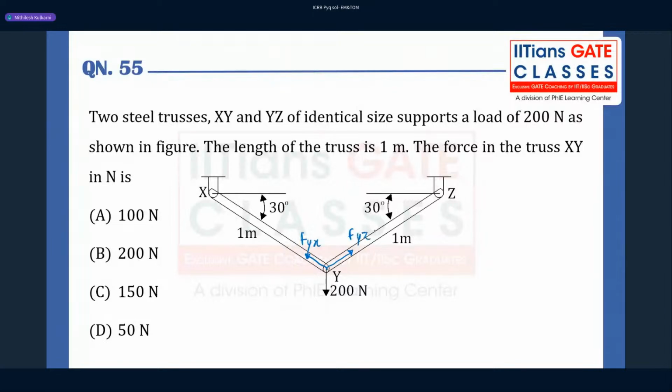What they are asking us to calculate is Fyx. We can clearly see that this figure is symmetric between the left hand side and the right hand side. So we can expect the same force in the trusses XY as well as YZ. So let's start with the free body diagram on the next slide.